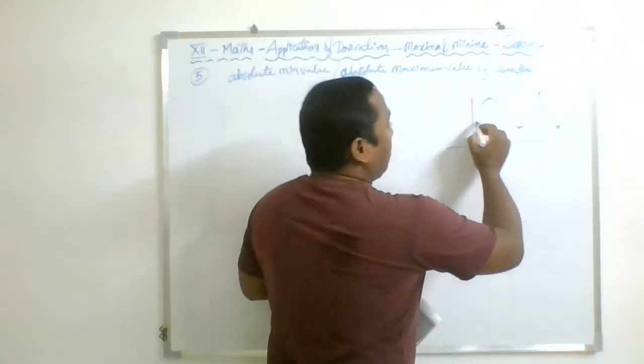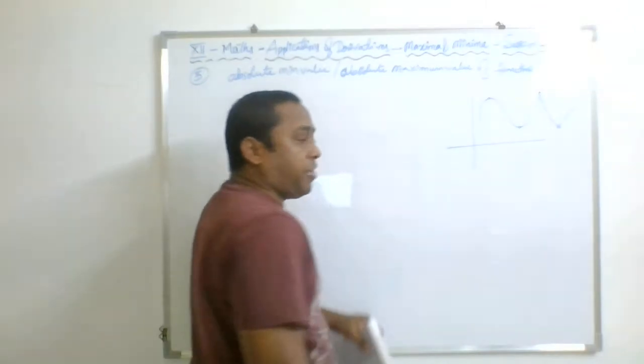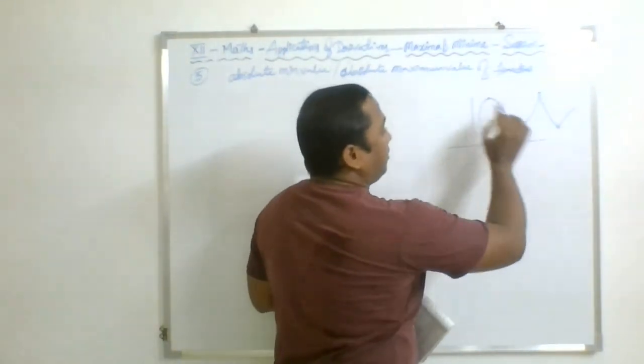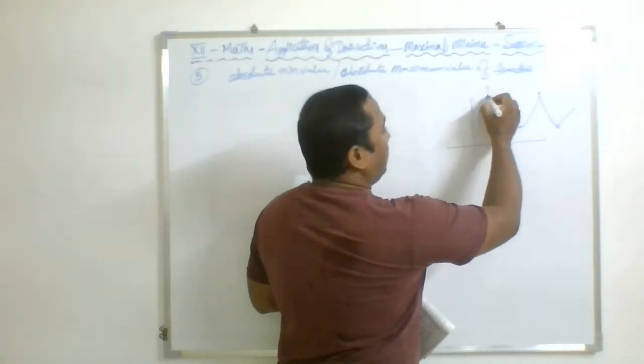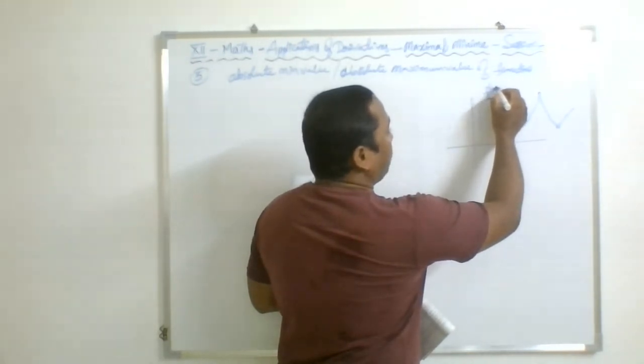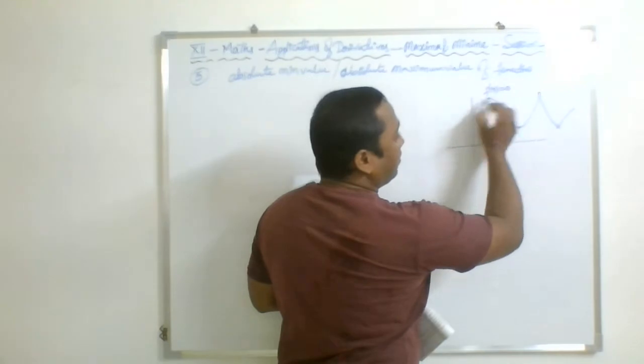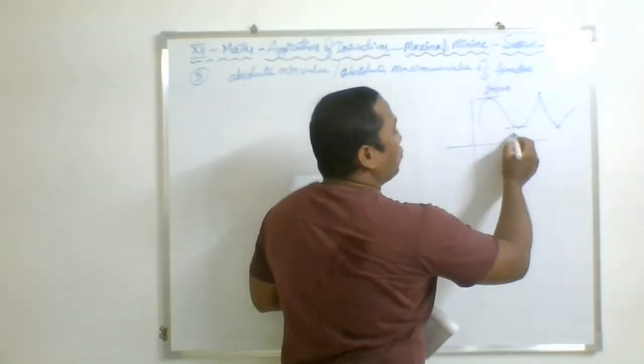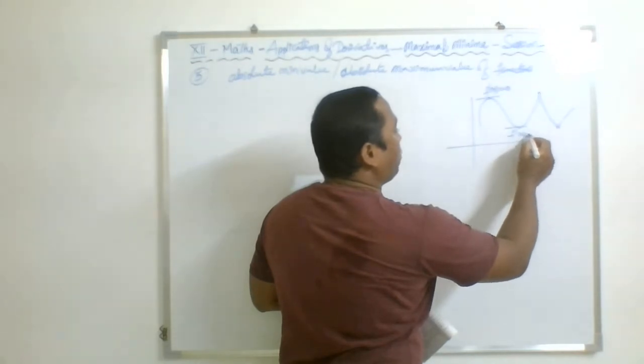One, the graph must be continuous, right? That is there. But at these turning points, sometimes the derivative becomes 0. See, here this is 0 because the tangent is parallel to the x-axis. So here the derivative of the function is 0.